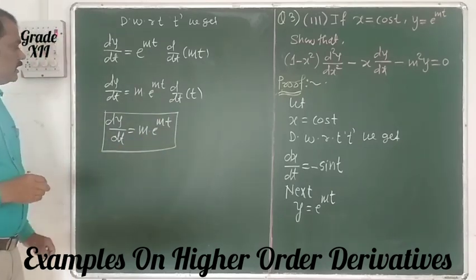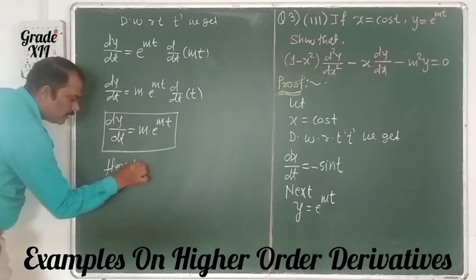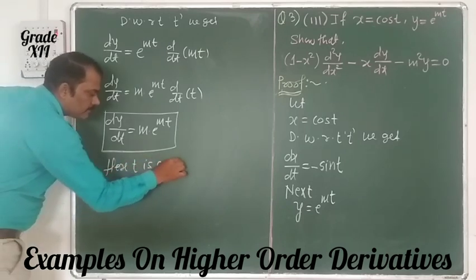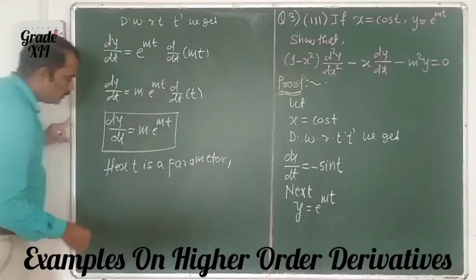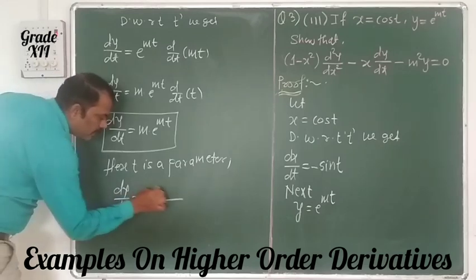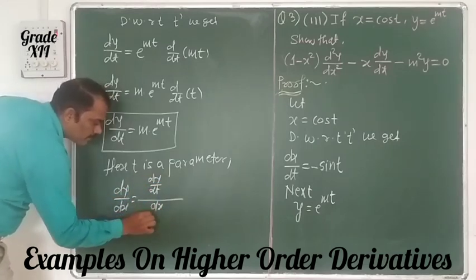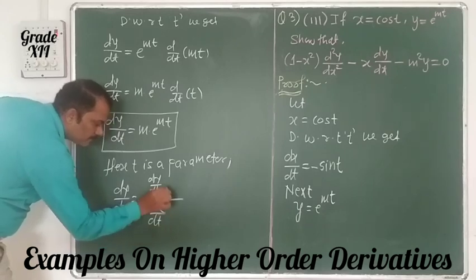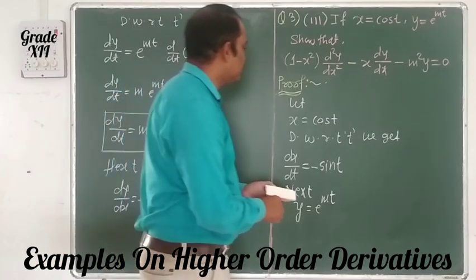Here t is a parameter, so dy/dx can be written as dy/dt divided by dx/dt. Now we have to substitute the corresponding values.